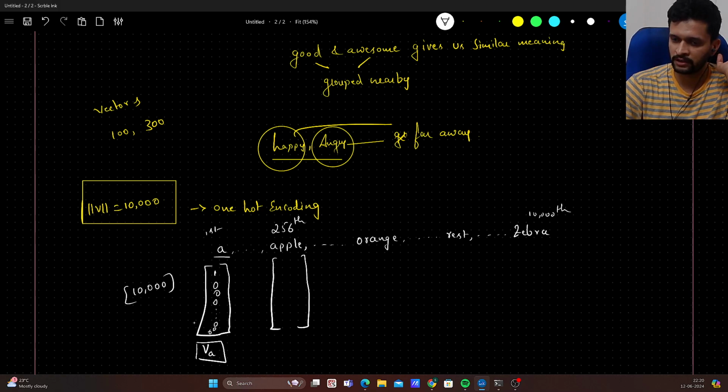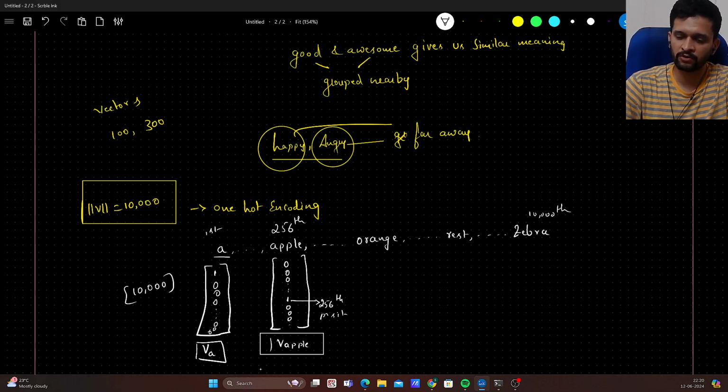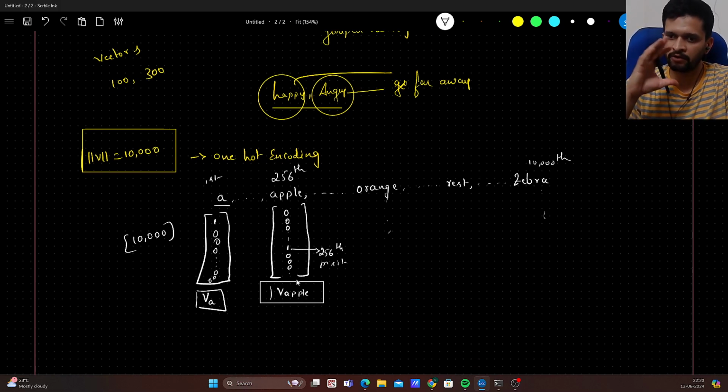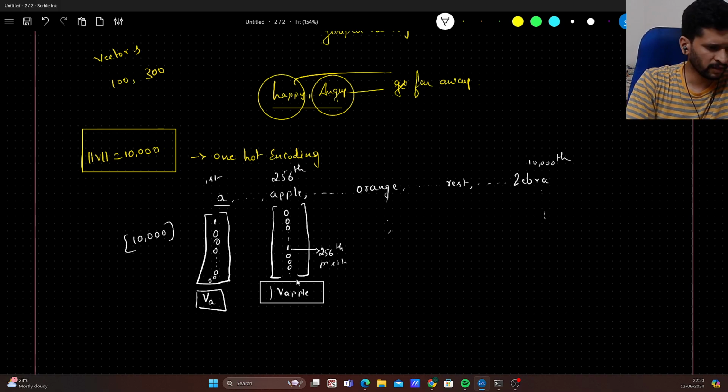So for the word apple, I will have zeros at all the places except the 256th place. So this is my V apple, my one hot encoded vector for apple. Likewise, we will have the same thing for orange, rust, zebra and all the 10,000 words. So this is how we represent the words in our vocabulary as one hot encoding, right?